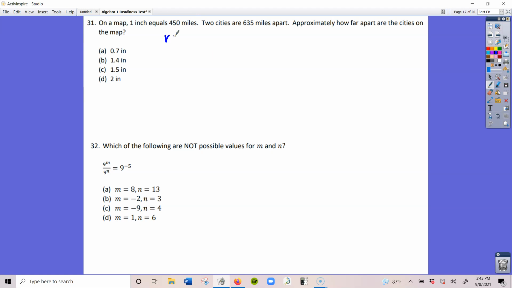This is a ratio. And the ratio is inches to miles. So I can write this as a fraction, inches over miles. We are told here that 1 inch equals 450 miles. So I'm going to use my measurements here so I know where to put these numbers. 1 inch for every 450 miles.